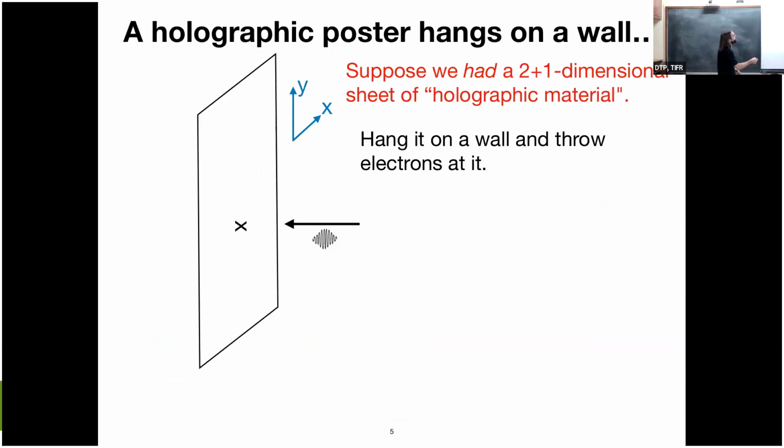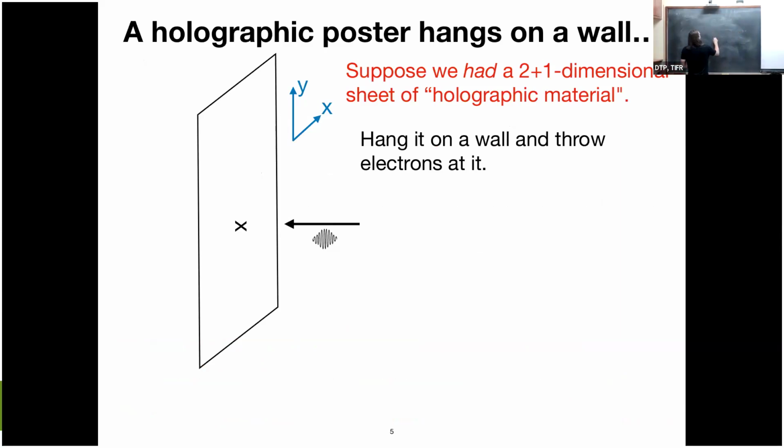Presumably, if someone can realize a 2+1 dimensional CFT, it will be made of atoms and electrons, and therefore it has some operator that couples to our electron, the bulk electron.